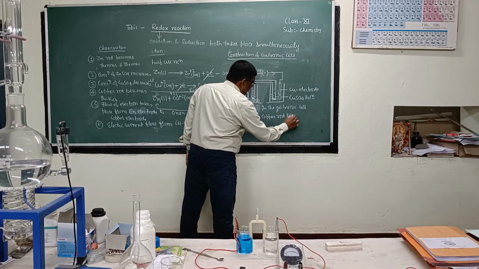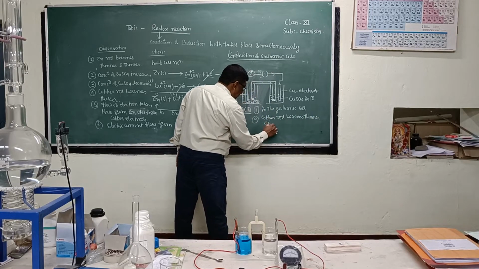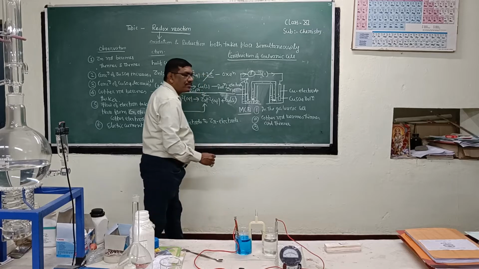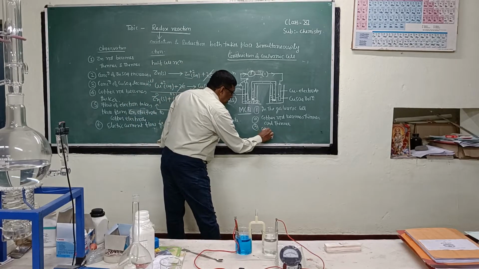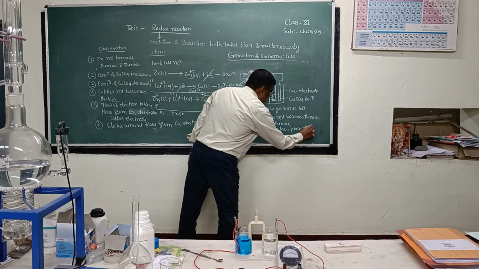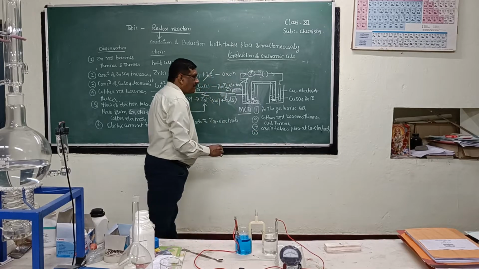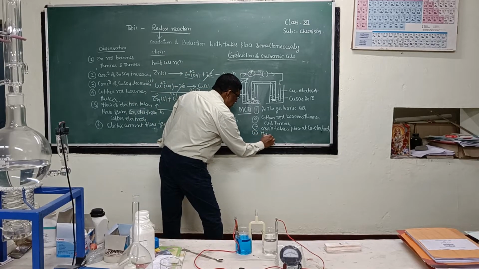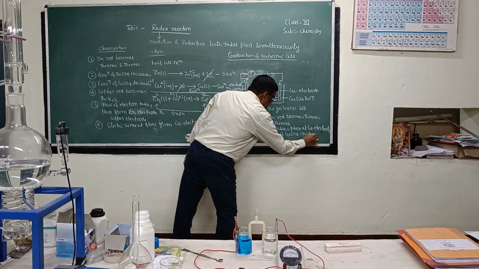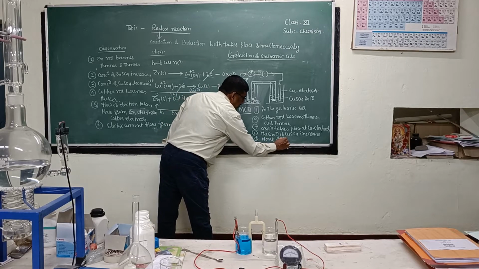The second option: oxidation takes place at the copper electrode. The third option: the concentration of copper sulfate increases. And the last option: none of these.